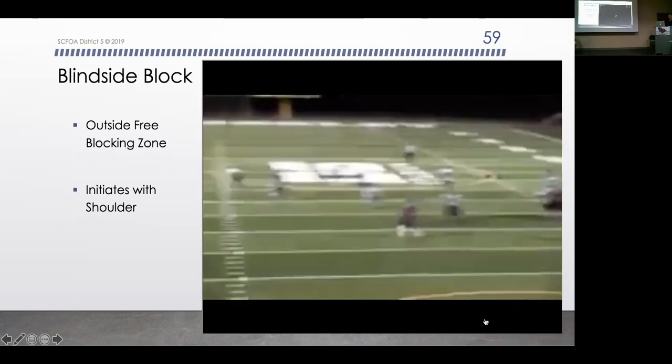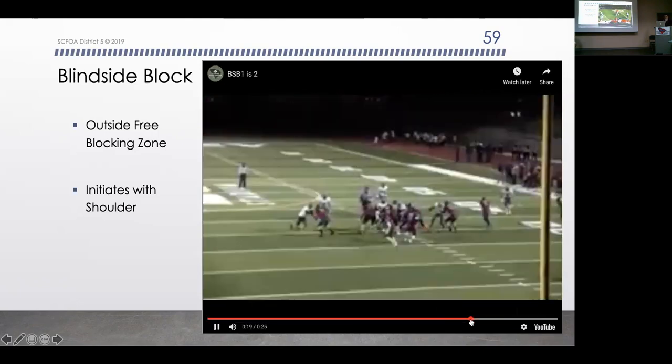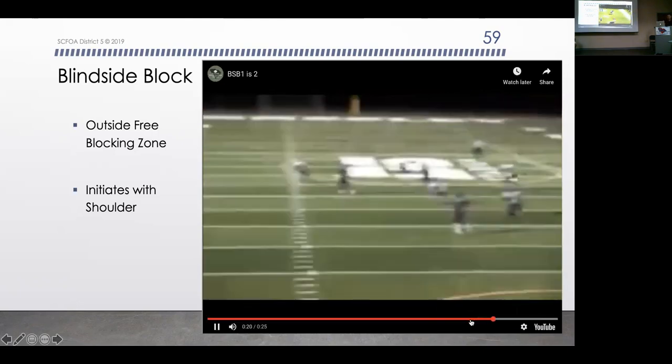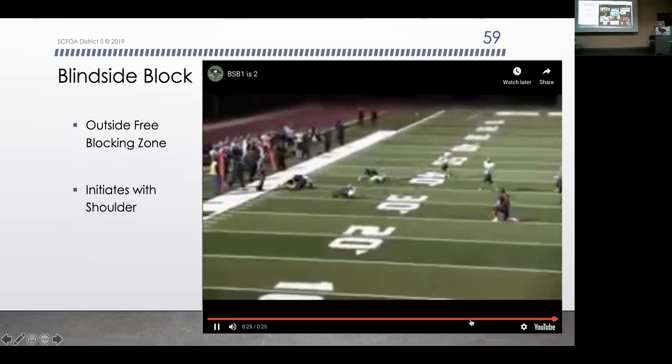I think it's really important that we learn what the rule is associated with these blocks, because we need to be consistent, not only here in District 5, but around the state.